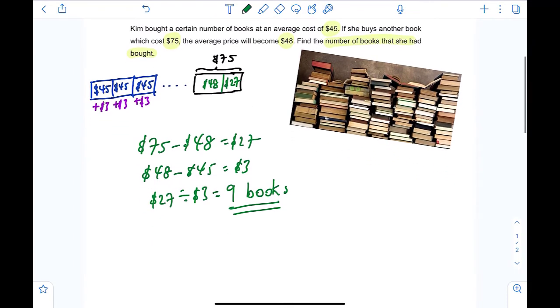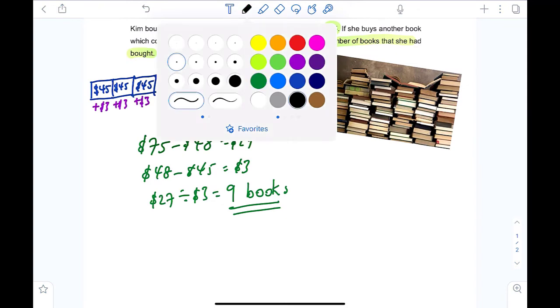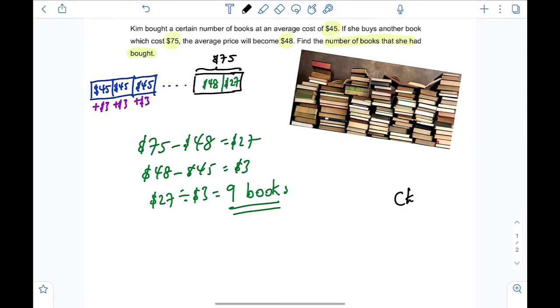Alright, now let us check our work. Let's say she bought 9 books. The total will be 9 times the original average, $45. 9 multiplied by 45, that is 405.